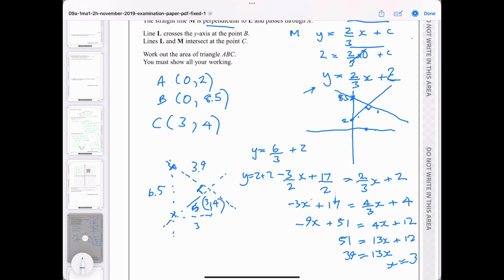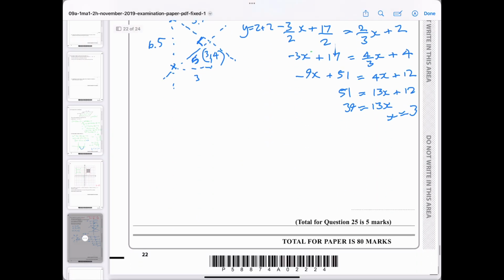So our answer would be 5 times 3.9 divided by 2 equals 9.75 centimeters squared.